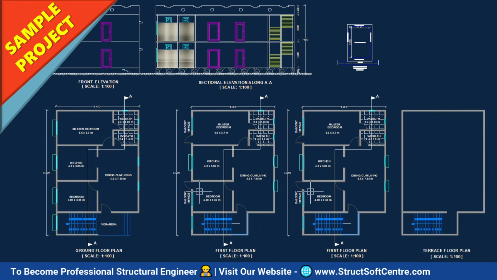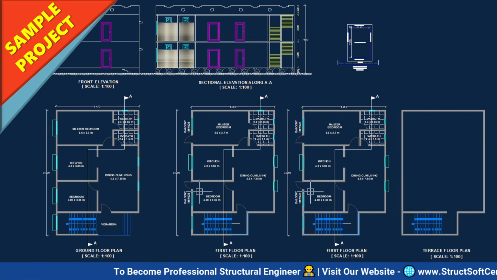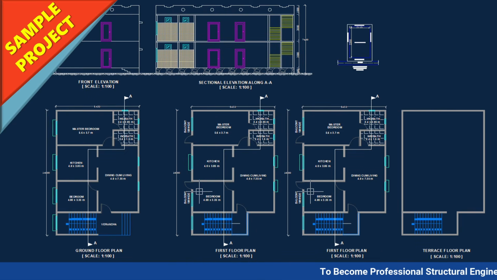Our objective is not to deal with the project; our objective is to understand the software and the basics of RCC design. That is the objective of this sample project.